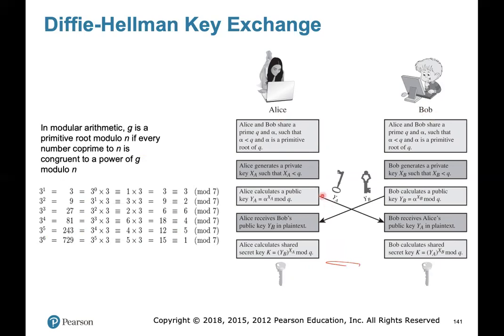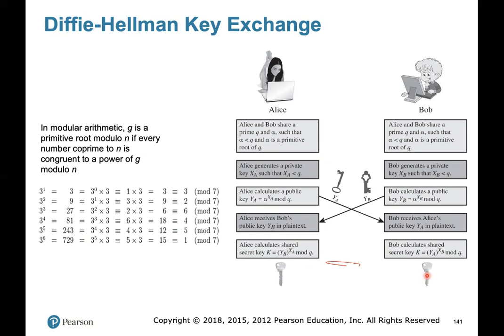They use some keys called YA and YB, the keys of Alice and Bob. And at the end of the process, they reach the same key, which is the key that we wanted to share. This is the key that Alice and Bob will be using hereafter for symmetric encryption.